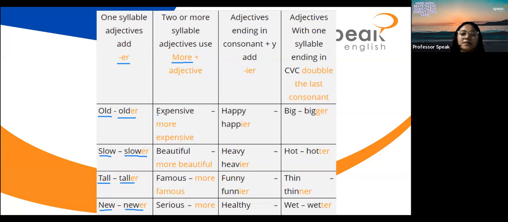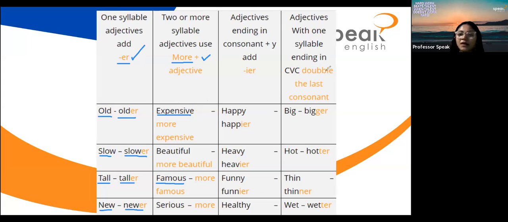For example, expensive, more expensive. Beautiful, more beautiful. Famous, more famous, and serious, more serious. So pay attention to that and keep that in mind. When we have a one syllable adjective, we're only going to add ER. When we have two or more syllables, more plus the adjective.